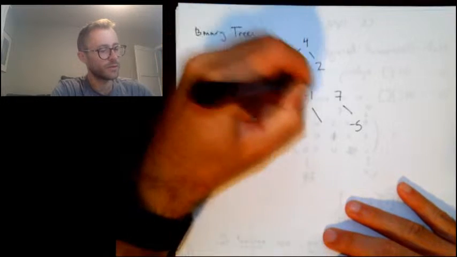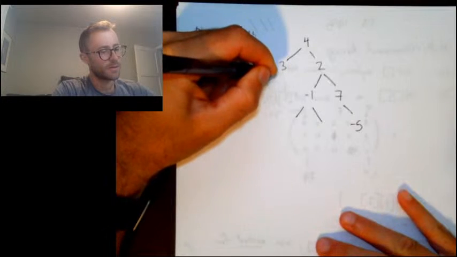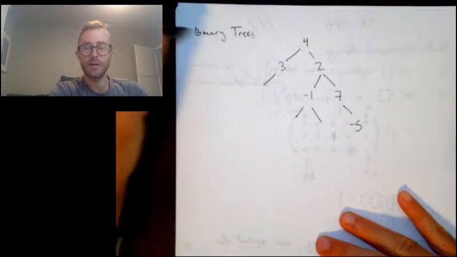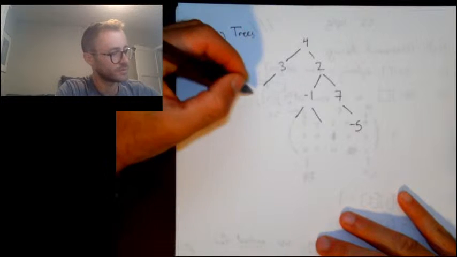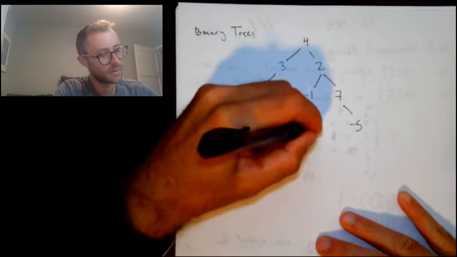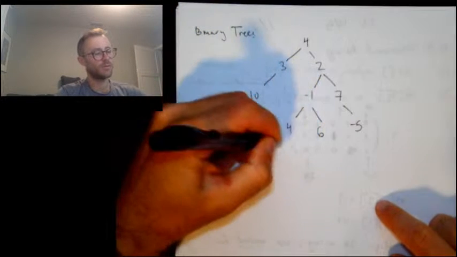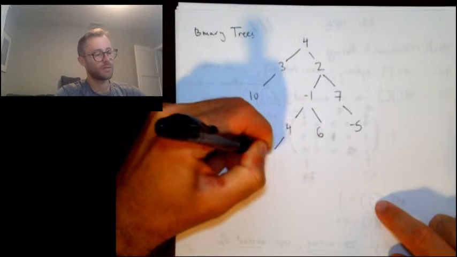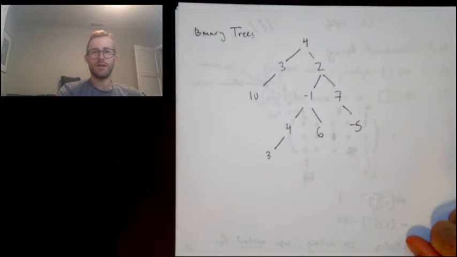So we have a tree structure like so. I have this one. So this is obviously a binary tree of integers. All right. Maybe I will do one more here. Okay. So here's a binary tree.